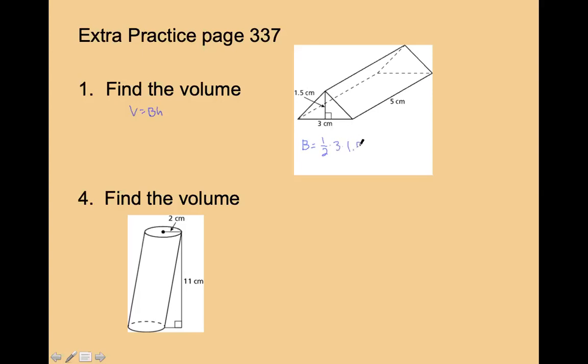That's just for the triangle piece. This piece down here, where the 5 is, that's the height of our prism. So when we put it all together in the volume formula, just for our big B, we had 1/2 times 3 times 1.5.